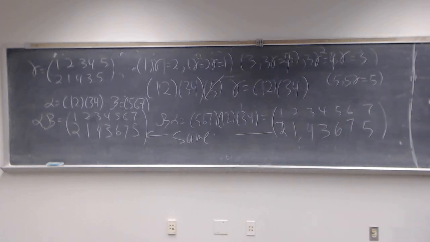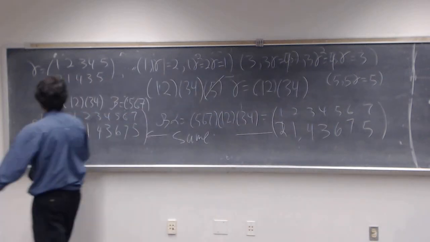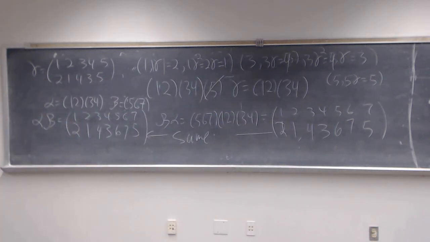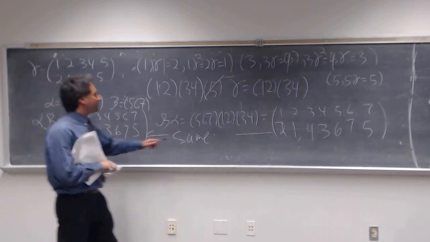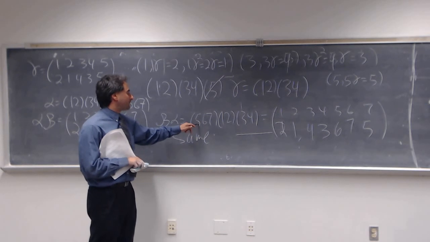So what is the order of a cycle? Remember, this is a group, so we talk about the order of an element of a group. It turns out the order of a cycle is just its length. Does that make sense? If you think about something in the cycle, why would this have order 3? Well, if you apply alpha 3 times to 5, it goes back to 5.